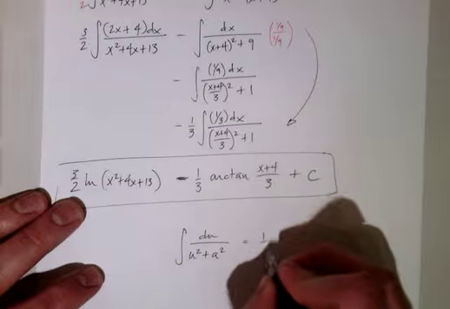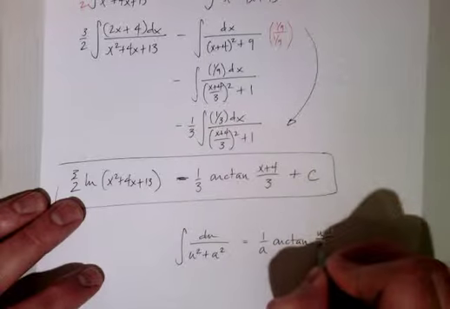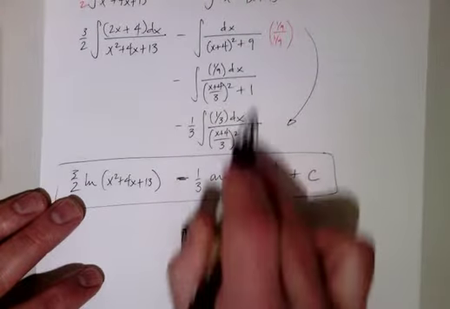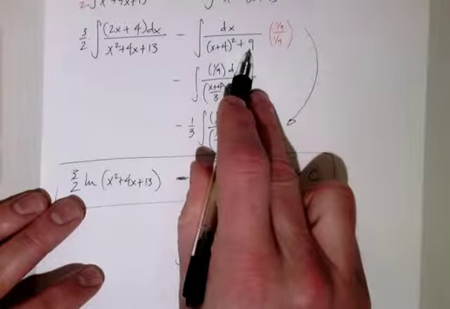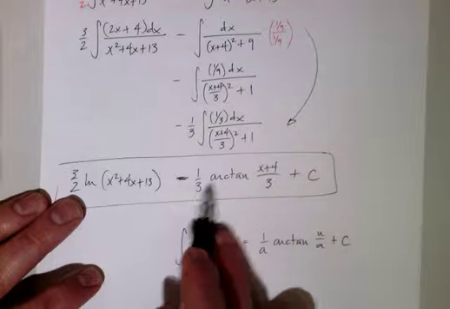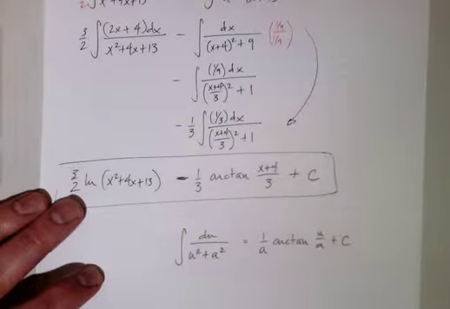This winds up being 1 over a arctan(u/a) plus C. Isn't that what we got right here? Identify this 9 as 3 squared, and once I've designated that as 3 squared, it's 1/3 arctan u, which is (x + 4)/3, plus C.